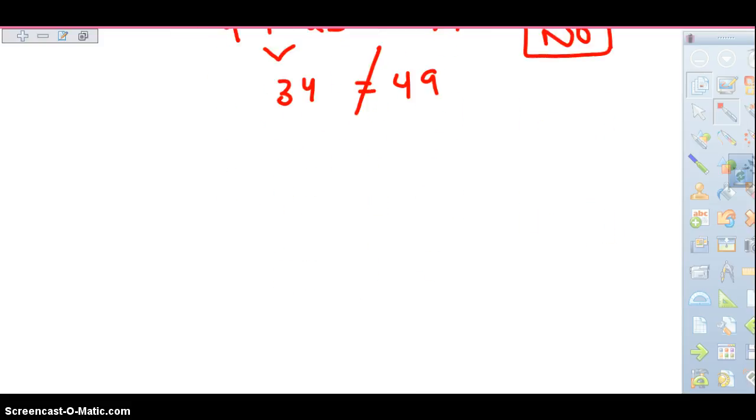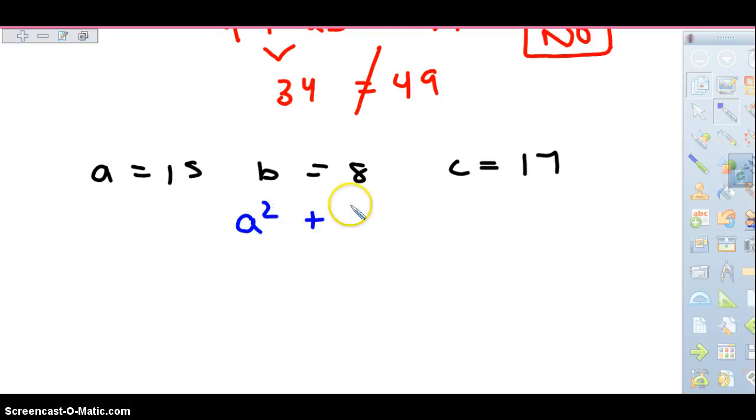Let's check with another one. Let's say we're given that A equals 15, B equals 8, and C equals 17. Is this a right triangle? What do we use to check? A squared plus B squared equals C squared.